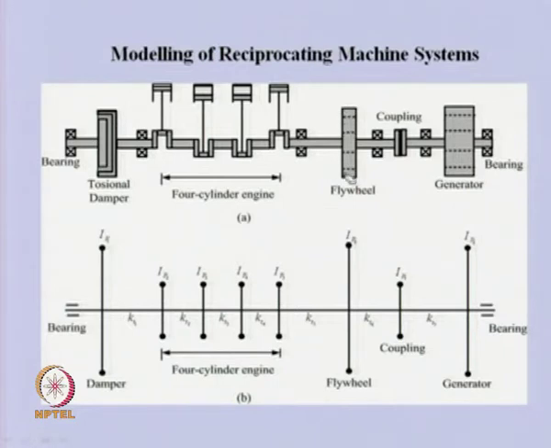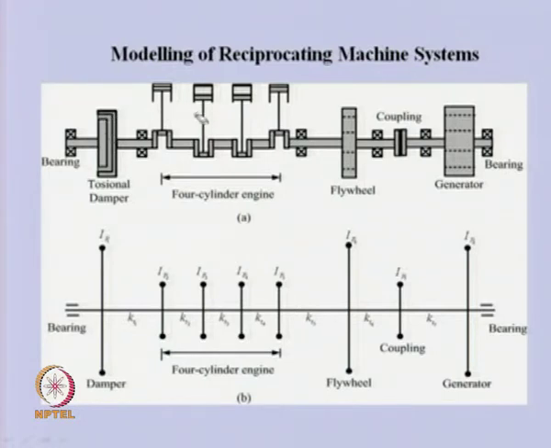So, to make the supply of energy more uniform, we provide some kind of flywheel, and then the coupling and maybe a generator or similar parts will be there, but the other parts like flywheel, coupling, generator or damper are something like revolving parts.